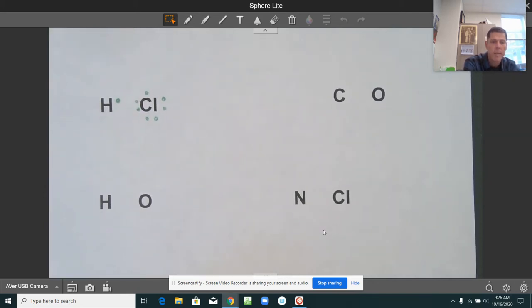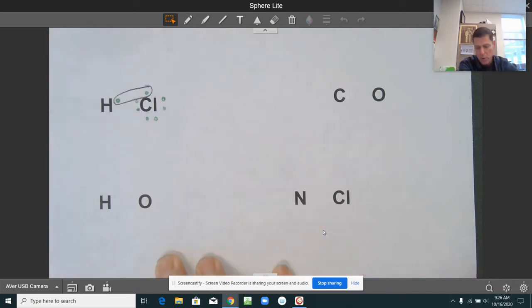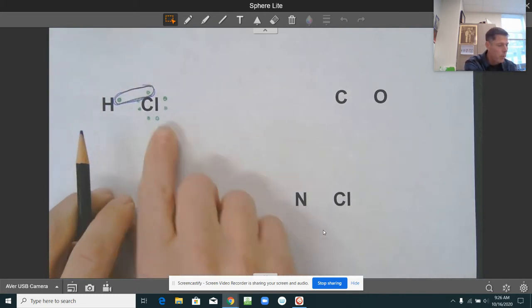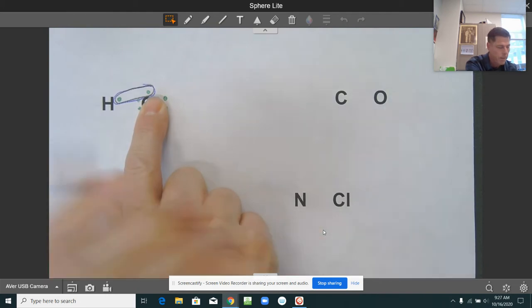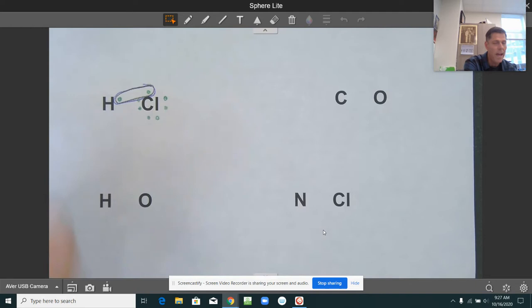It needs 1 more to get to 8, so it's only willing to share out 1 electron. How I show a covalent bond is I just circle the electrons that are going to be shared. So basically the way I look at it right now is this hydrogen has 2 electrons. This chlorine has 7, 8 electrons. They both have their equivalent of the full octets. That's how I show a covalent bond.